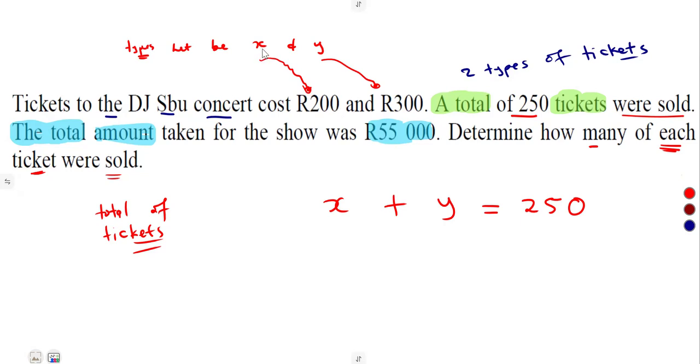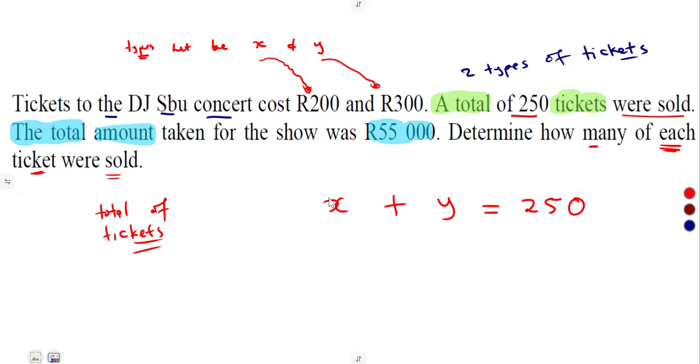But how many Y now? 300 as Y. How many? 250 were sold. If you take it that way, it's going to be easier to understand.